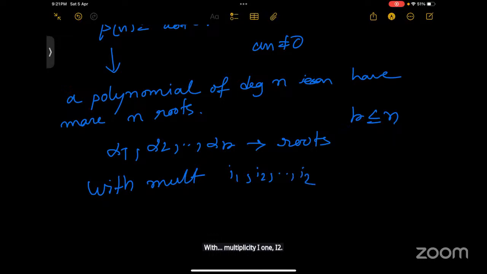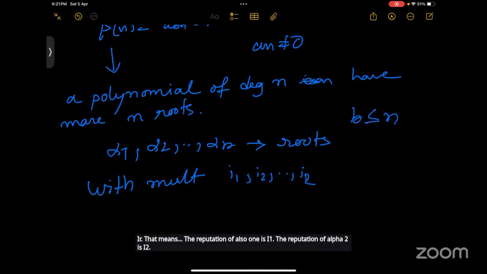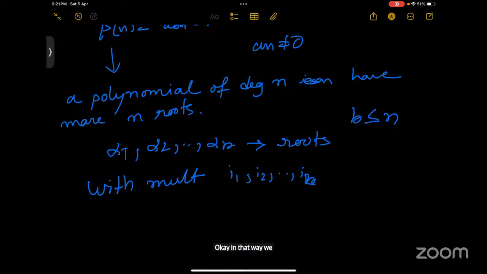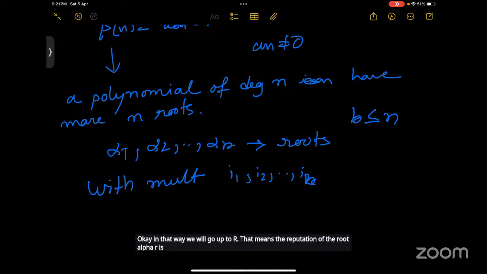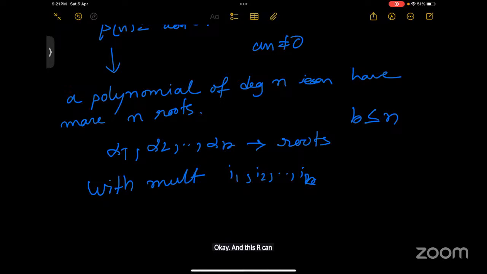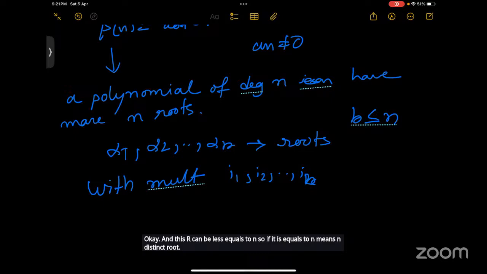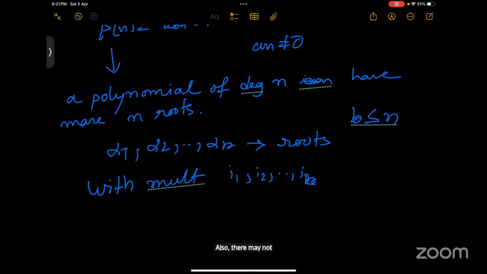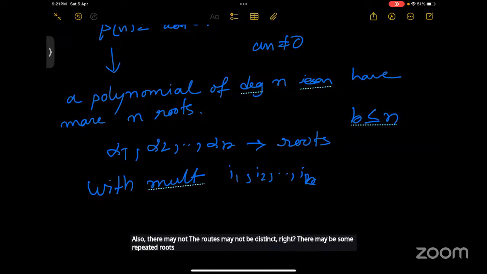That means the repetition of alpha 1 is I1, the repetition of alpha 2 is I2, and in that way we go up to r, so the repetition of the root alpha r is Ir. If r equals n, it means n distinct roots. But all the roots may not be distinct; there may be some repeated roots. So we are considering all the cases in this general way.